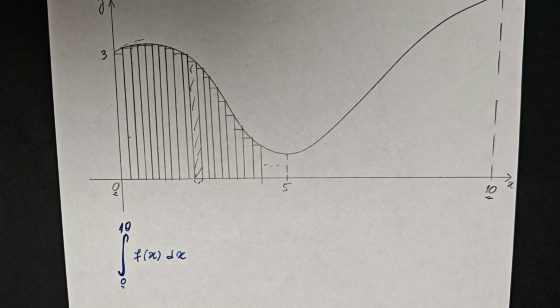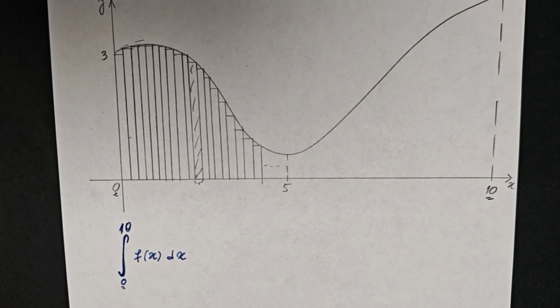They mean start at 0 and go all the way up to 10 and add up the areas of these infinitely tiny rectangles under the function f. So the integral is what we are using to find the area of any shape. In order to use an integral, we have to know the function f. We have to know the boundaries of our integral, the point at which we are starting the integration and the point where we are ending it.